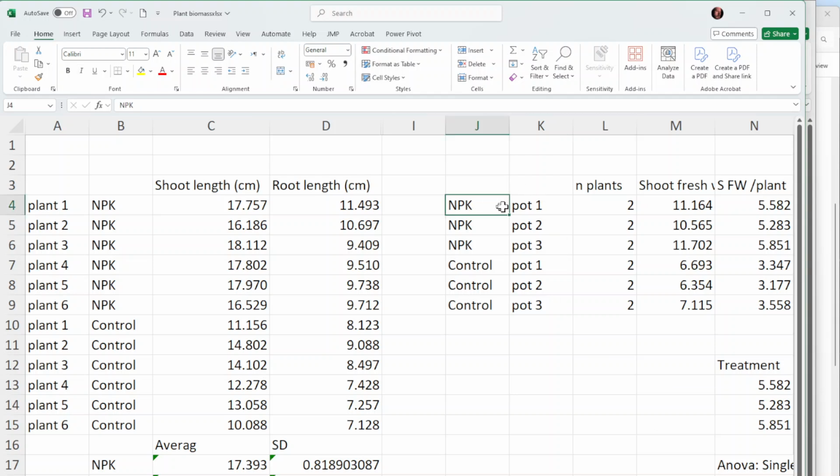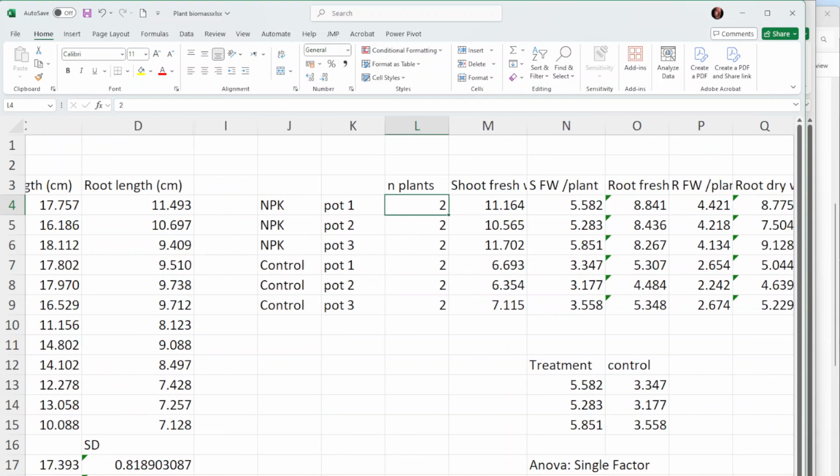So you have NPK, pot one, or maybe in your case it is control, no? Biochar, your group. In your case it will be biochar and no biochar. Control will be the no biochar, and pot one will be one bag, pot two will be another bag, but each pot will correspond to a different amount of plants, no? Yes.